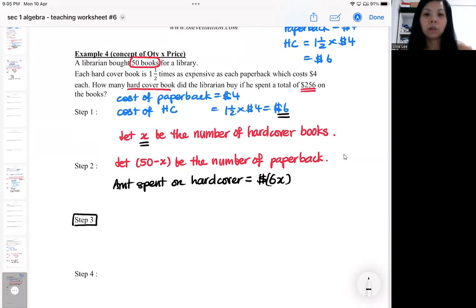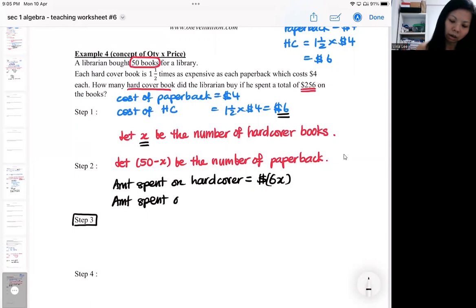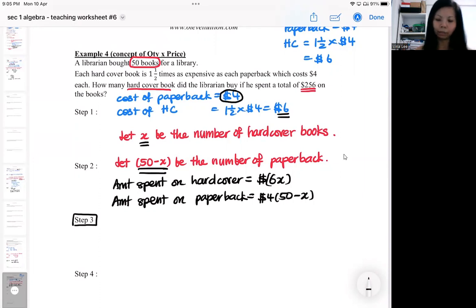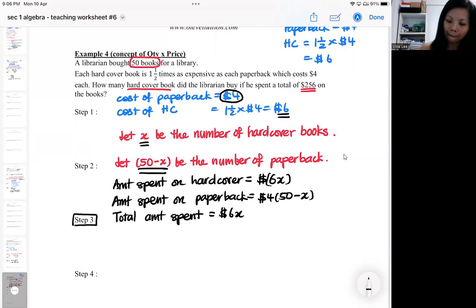It is $6 each, and I got X number of hardcover. And the amount spent on paperback? Again, it's quantity times price. This is the quantity, $4 is the price. So it will be 4 multiplied by the bracket 50 minus x. And the total amount spent will be 6x plus 4 times bracket 50 minus x.